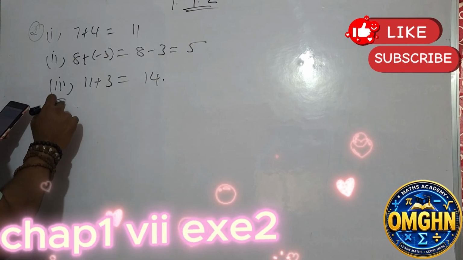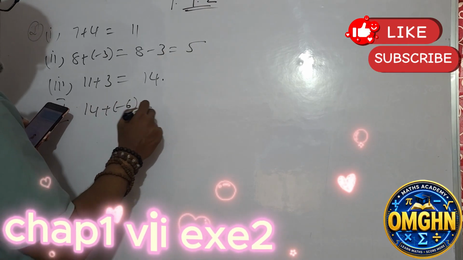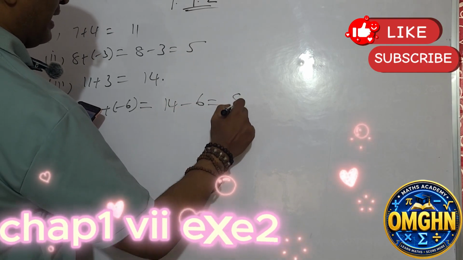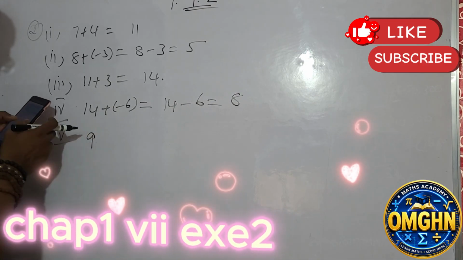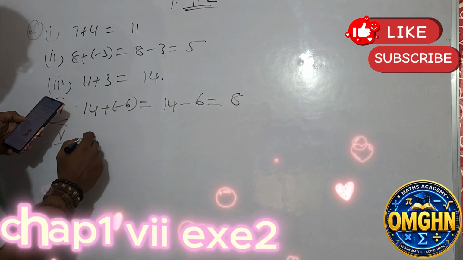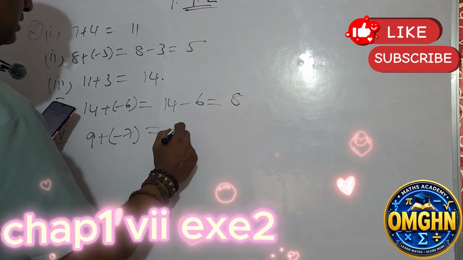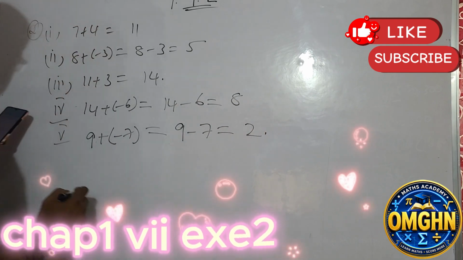Fourth sum: 14 plus -6. Plus into minus, minus 8. Fifth sum: 9 plus minus 7. Plus into minus, minus. It is 2.